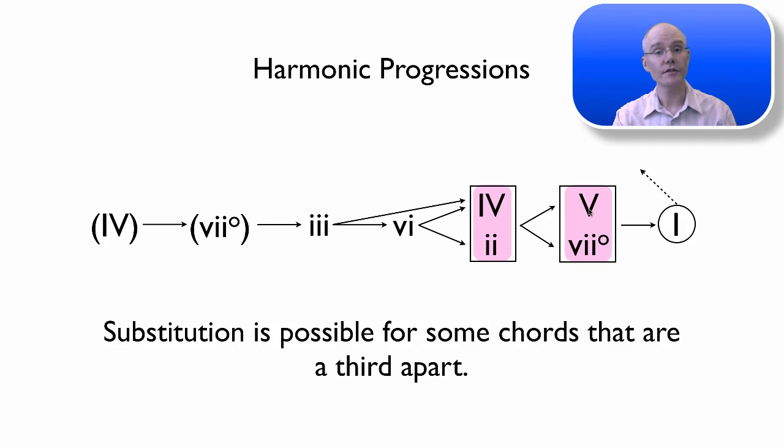But in terms of function, we can look at a subdominant chord being either the 4 chord or the 2 chord, and a dominant chord being either a 5 chord or 7 diminished. That is, we call this the dominant chord, but a dominant function in harmony can be expressed by either of these two. So they can act as substitutes. So the idea of substitution in classical music is an important one as well. And we're going to find that substitution happens both diatonically, that is inside of the key, as well as chromatically, outside of the key.